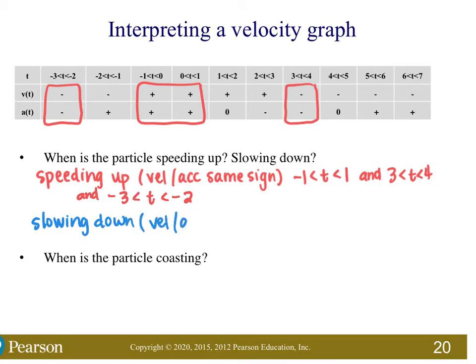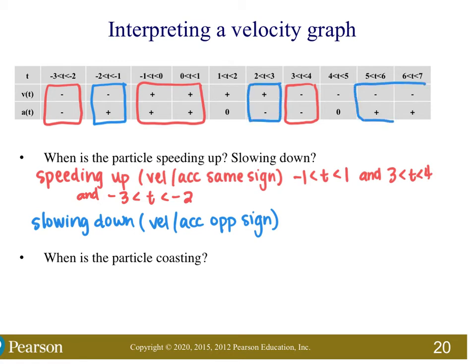So the velocity and acceleration, opposite sign. Okay, so that would happen this time interval, opposite, and this whole time interval again. So that'll be from -2 to the time interval of -1, and from 2 to 3, and from 5 through 6 up till 7.